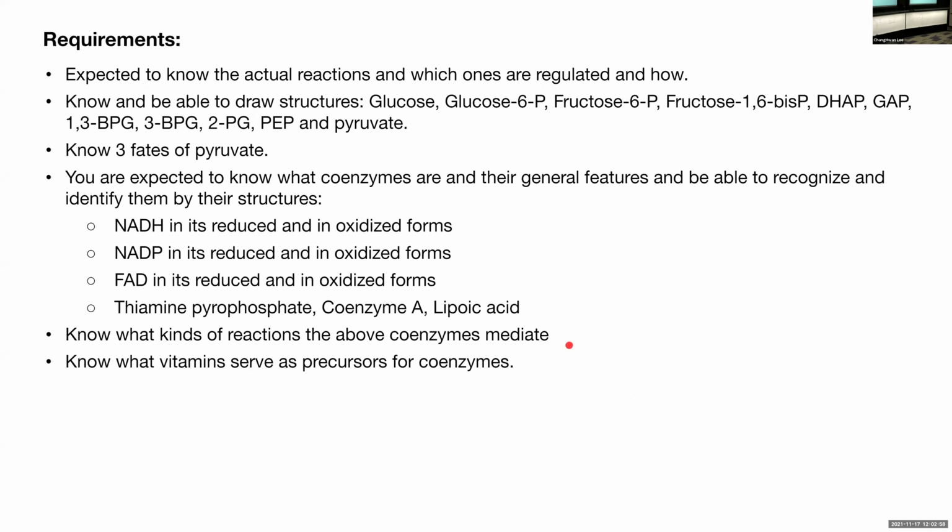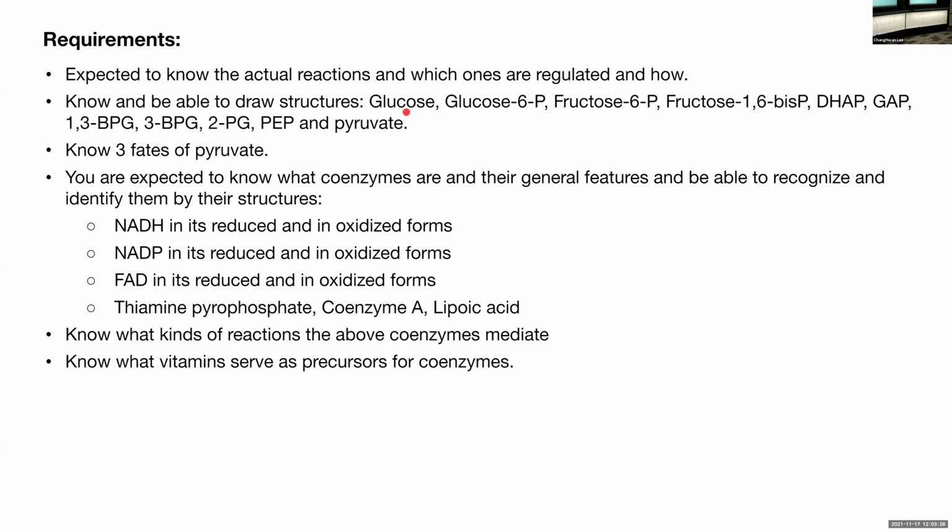All right. Many students have asked what you should study, what you should focus on. So I made a list of the important things that you need to memorize or study here. You need to know the actual reactions involved in glycolysis, as well as how they are regulated, and know the critical structures like glucose 6-phosphate.